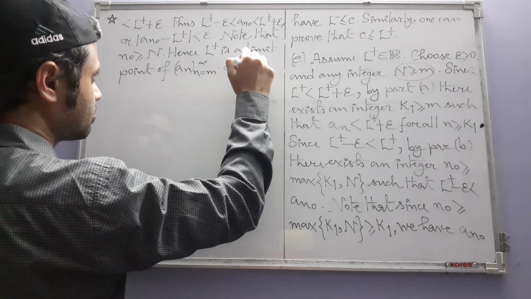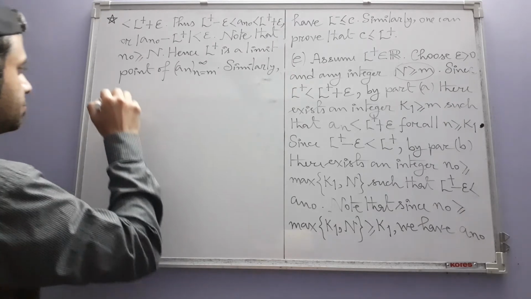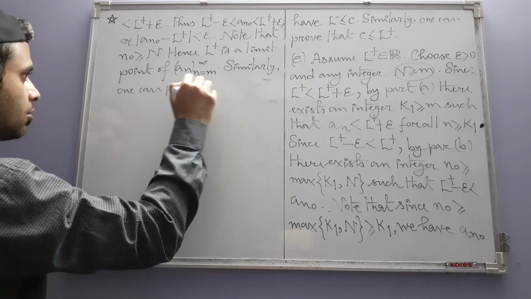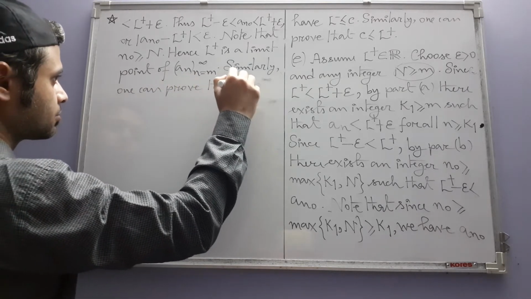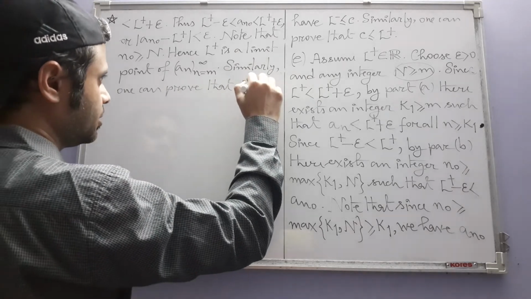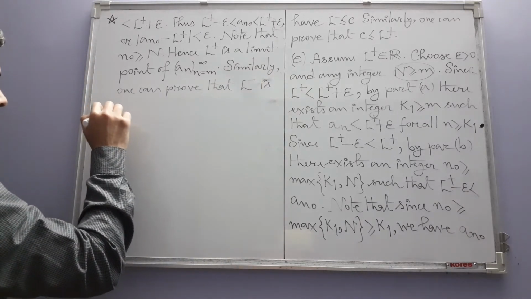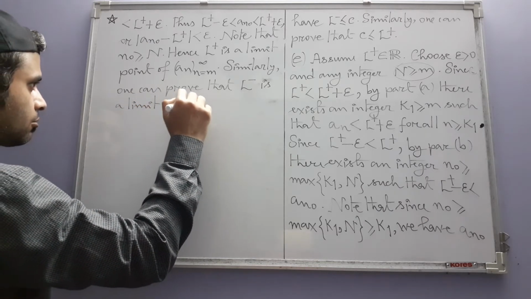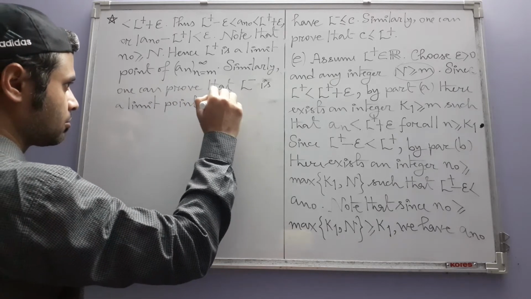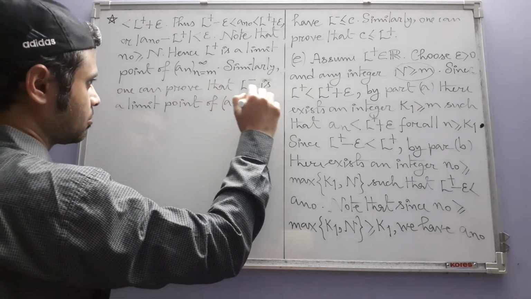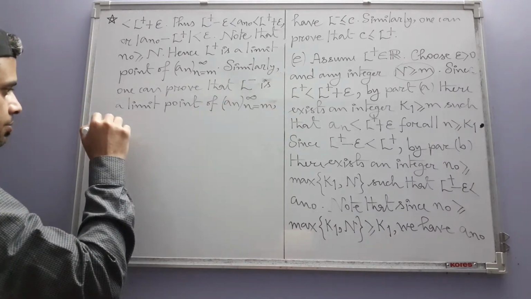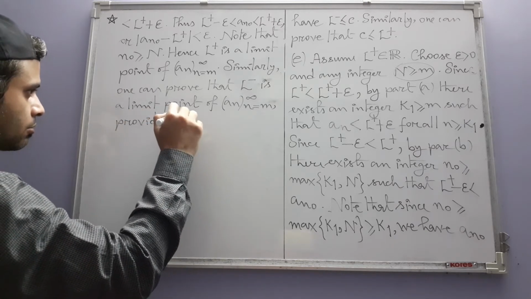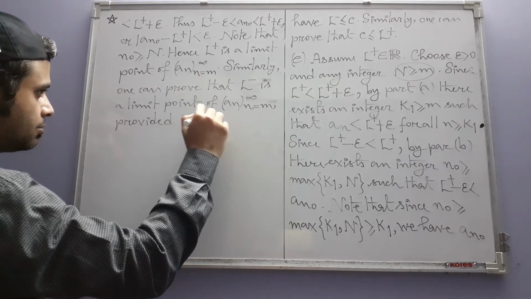Similarly, one can prove that the lower limit, the limit inferior, is a limit point of our sequence, provided it's also a real number.